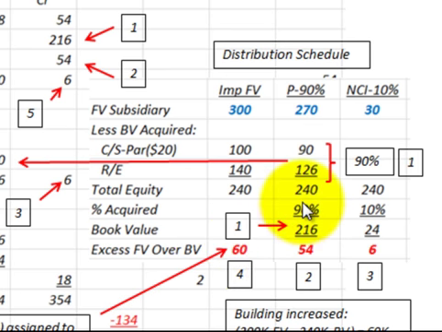And then the parent's portion would be 90% of that, or $270,000 less the book value of $260,000 gives us excess of $54,000. And the non-controlling interest would be 10% of that: $24,000, subtract that from its fair value of $30,000, we end up with $6,000 for the excess.